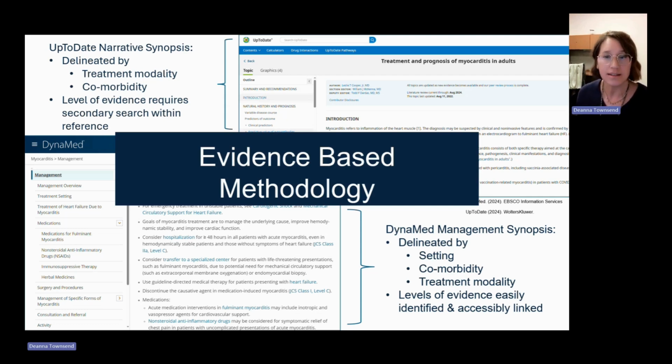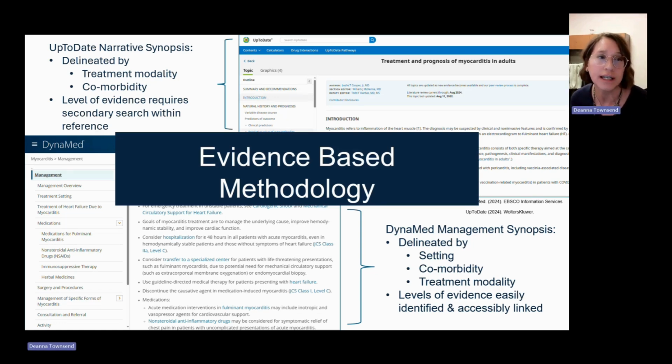DynaMed offers this with a few advantages, and it's demonstrated that their levels of evidence are easily recognizable and identified with links to primary studies that are easily met. UpToDate offers a similar organization of the content, but the levels of evidence do require a secondary search within that reference, which is fine, but not as accessible as in DynaMed.